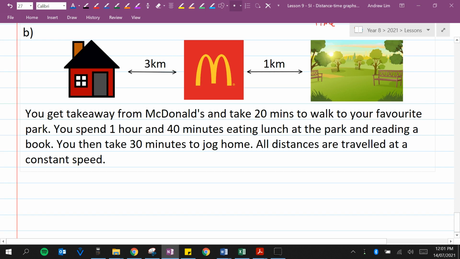Alright, so let's work out total distance and total time. So total distance, you're starting at Macca's, okay? You're starting at McDonald's, you go to the park. That's 1 kilometer. And we wait there and then we go home. So that's 1 plus 4, that's 5 kilometers.